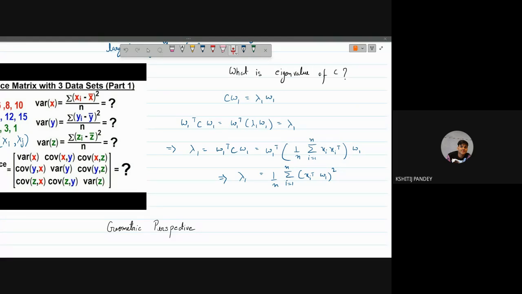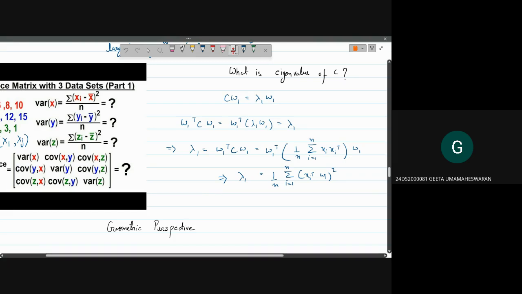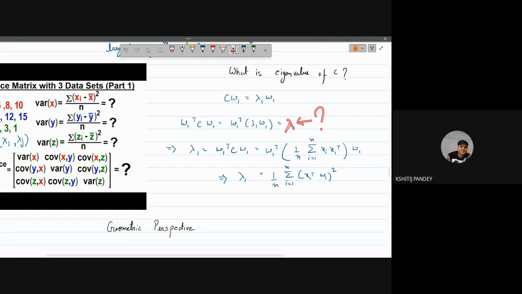Is the relation clear? How did you get W1 transpose into lambda 1 W1 as lambda 1? Simply, on both sides, pre-multiply with W1 transpose. When you pre-multiply, on the left hand side you get this, and on the right hand side you get this.